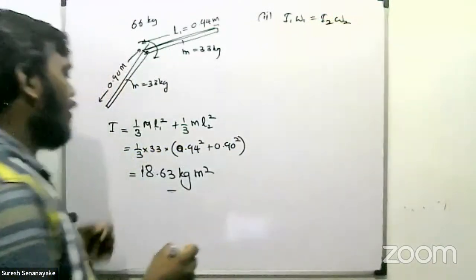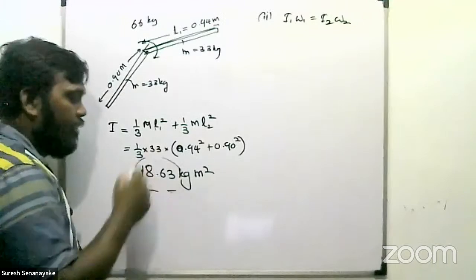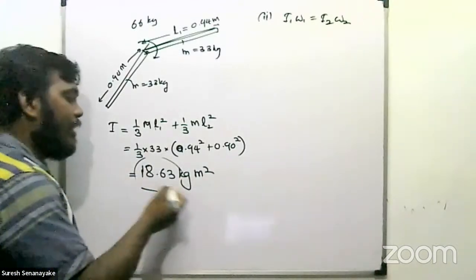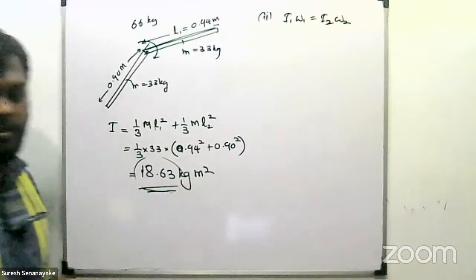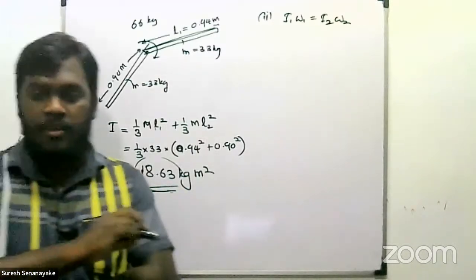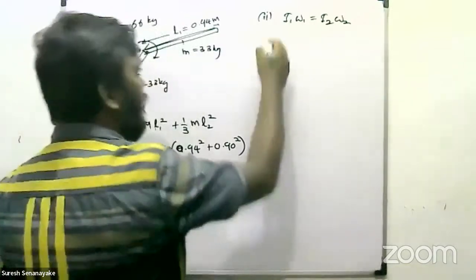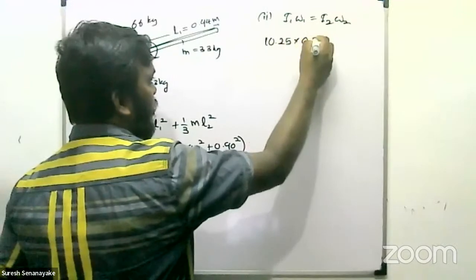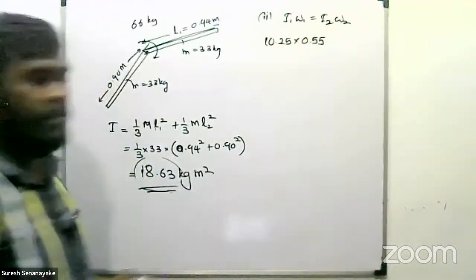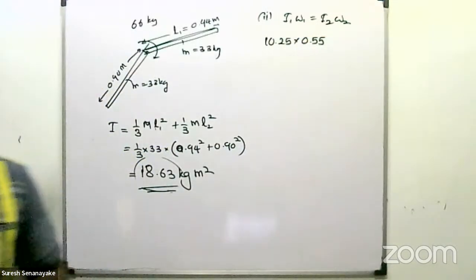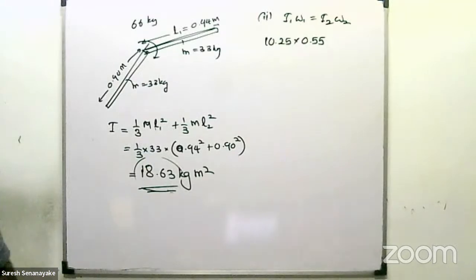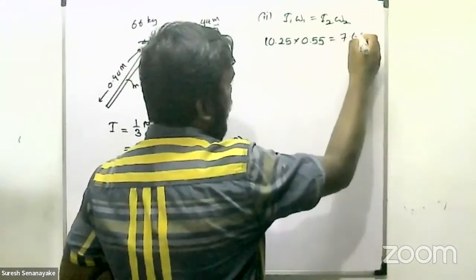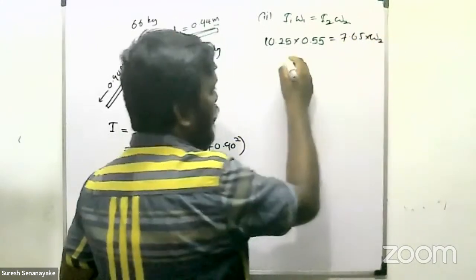I1 here is not the value you need to use, because the actual value they gave is 0.25. Be very careful about that. That's the actual value you need to put in, 0.25. And then it's 0.55, the initial angular velocity, and now the moment of inertia is 7.65, and they ask for omega, the angular velocity.